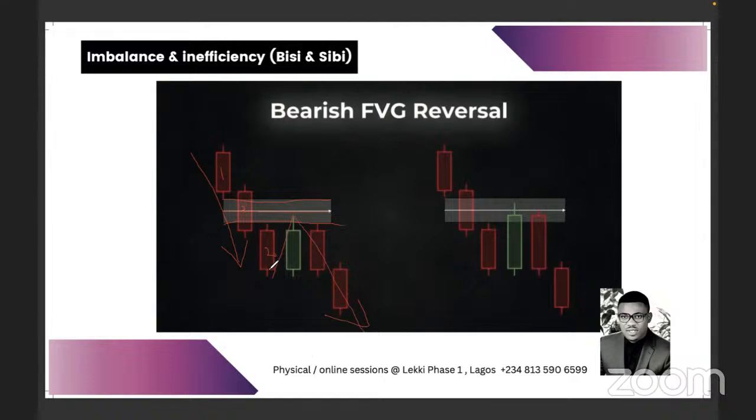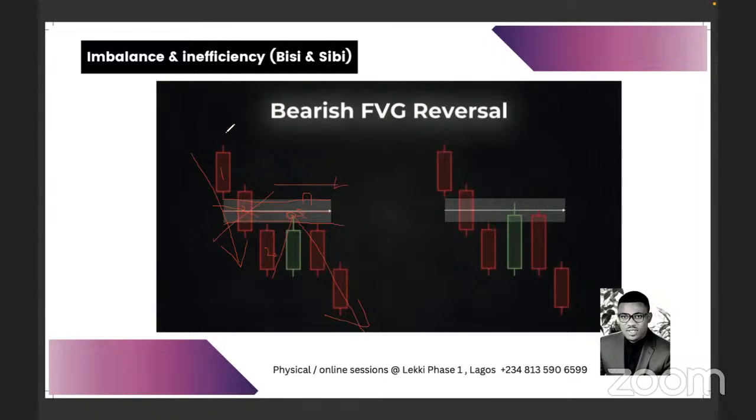Therefore, when we see price retrace into fair value gap, we use that place as our entry, sell entry here. Our stop loss is above the fair value gap, because if price closes after the fair value gap, that fair value gap is invalid and our SL will help us get out.